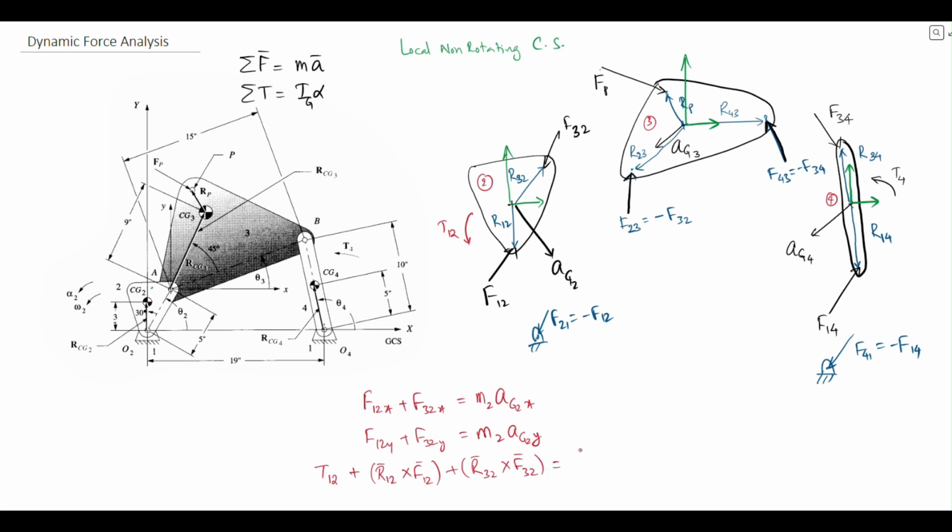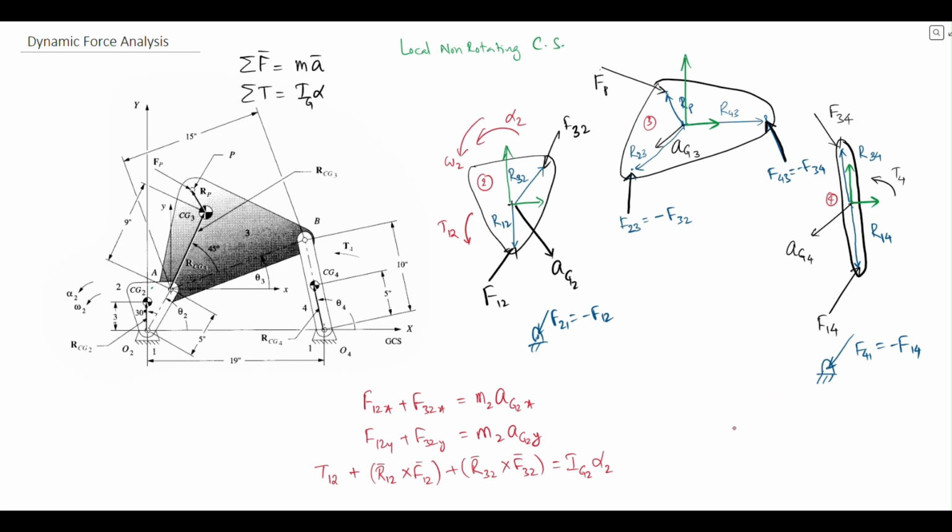This should be equal to the moment of inertia about the CG times alpha of the link. So if this is going at, say, alpha 2 and omega 2, we can directly relate those through the moment equation.